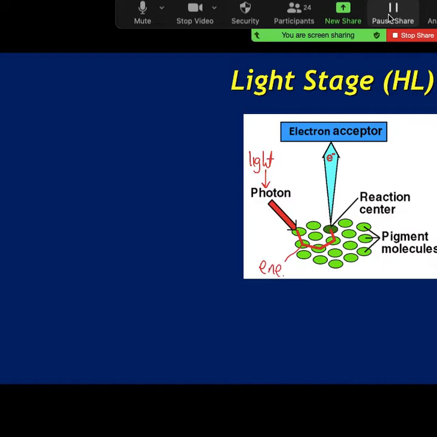It's like a little pass the parcel. It hits one pigment cluster and it's being passed along until it gets to this dark one here, which is called a reaction center. It's a place where all of the energy goes before it goes into your light stage.